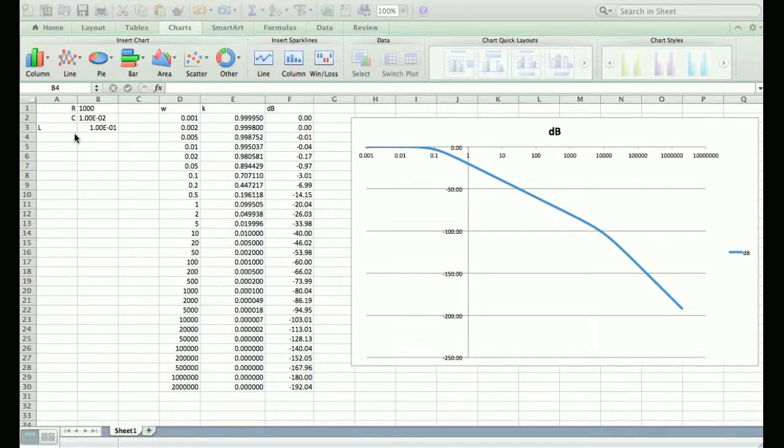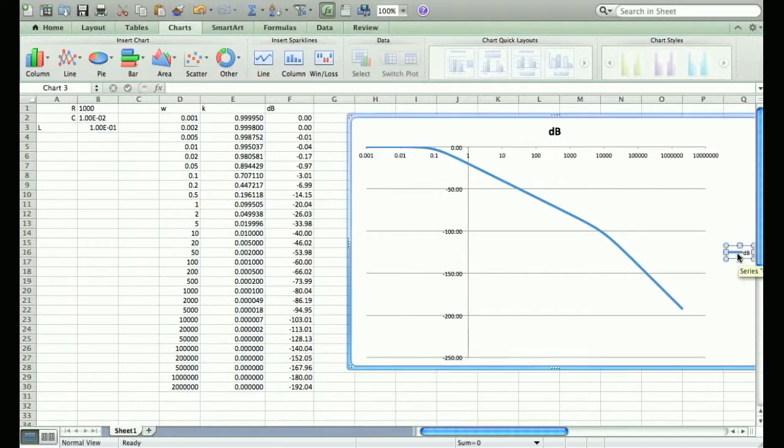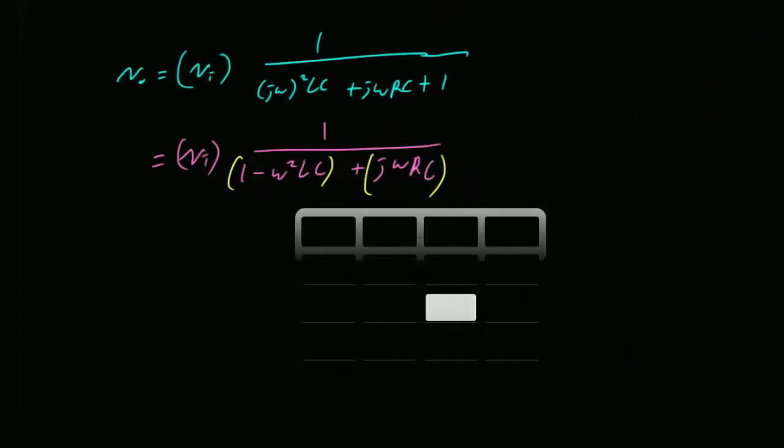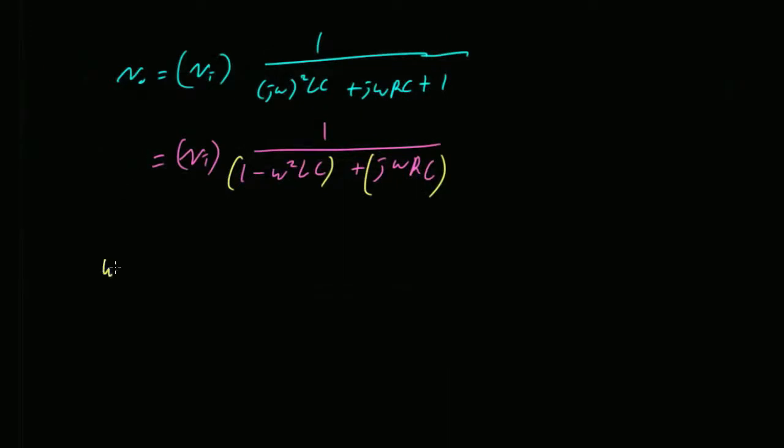Let's start writing some things. So, do you guys remember what the expression for cutoff frequency is? 1 over what?